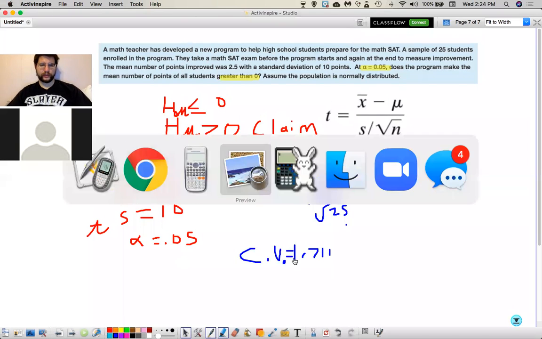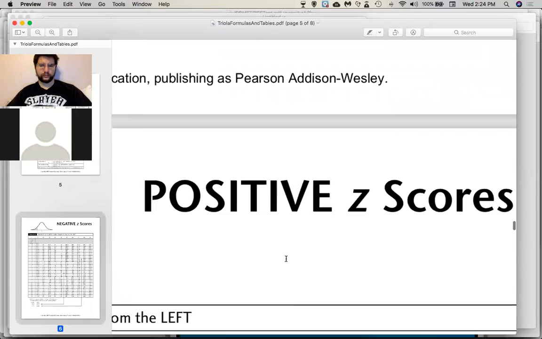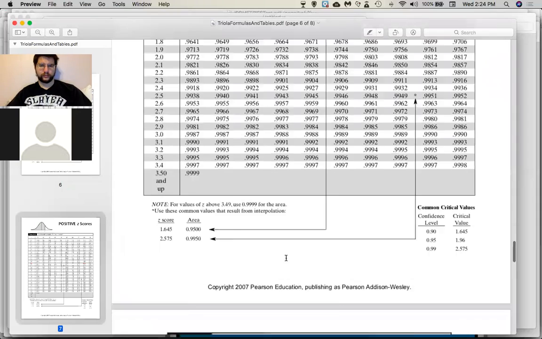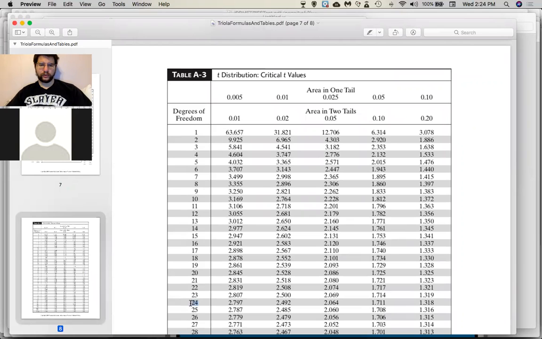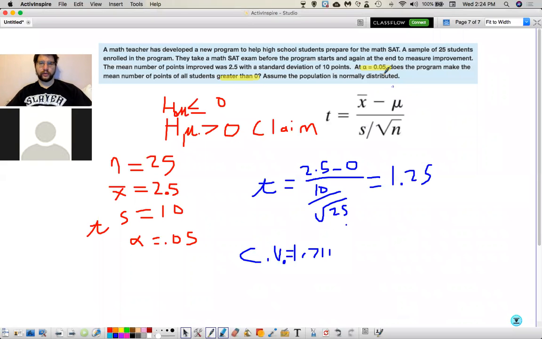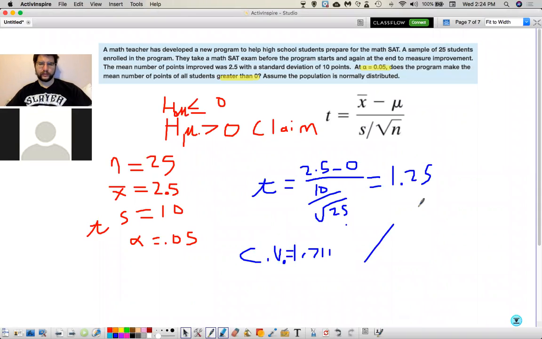And we can go to the chart just to make sure. N is 25, so it's 24 degrees of freedom. It's 0.05 and one tail. That makes it this second last column here, 1.711. They didn't lie to us. You plot that terrible graph, who cares? Critical regions over here, test statistic right there.